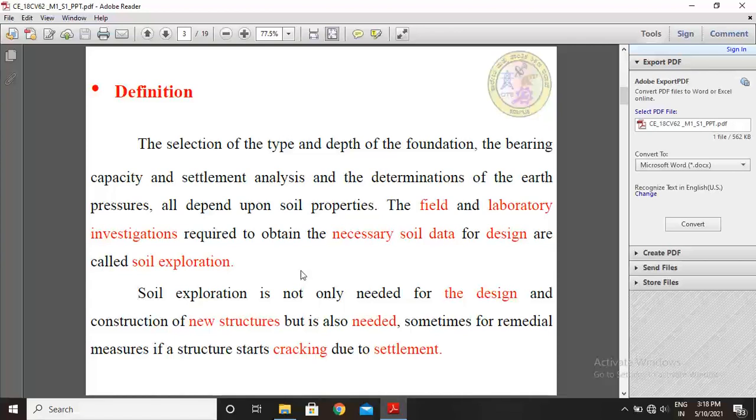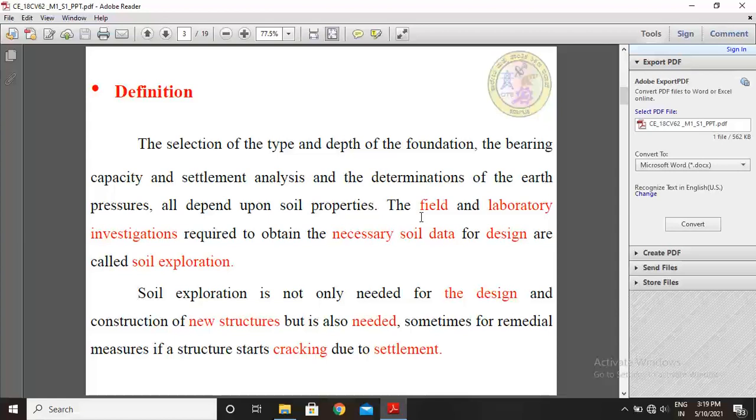Definition of subsurface exploration: the selection of the type and depth of the foundation, the bearing capacity and settlement analysis, and the determination of the earth pressures all depend upon soil properties.